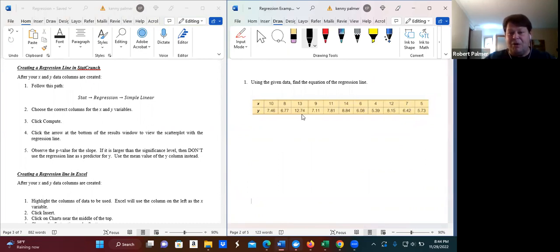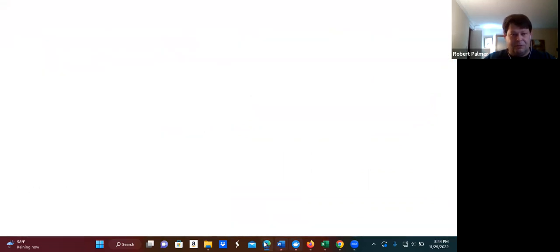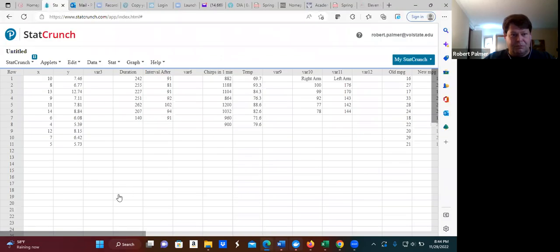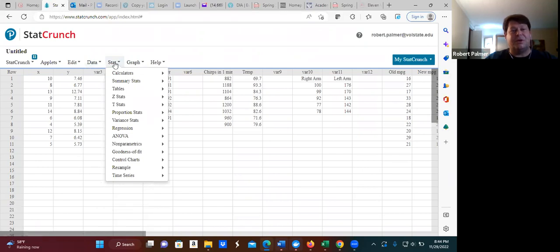Now we have this data loaded in StatCrunch. In fact, that's this data right here. So what I want to do, as it says on the other sheet, is go to Stat, then to Regression. This is the same path we went to find the correlation. Go to Simple Linear.